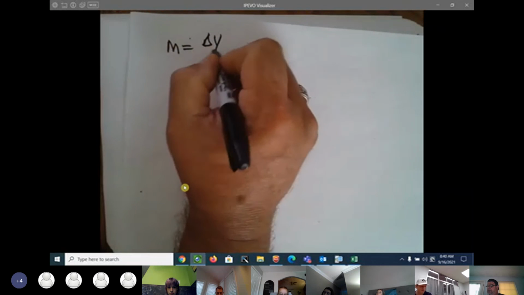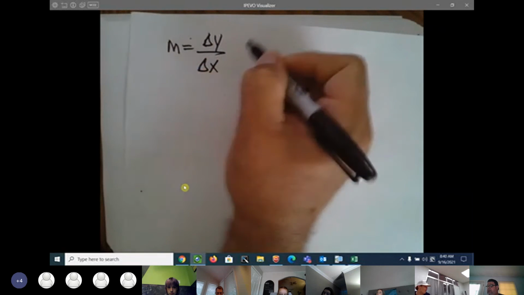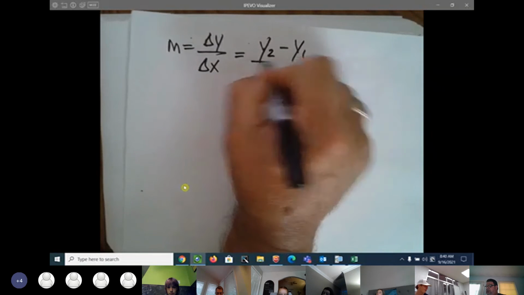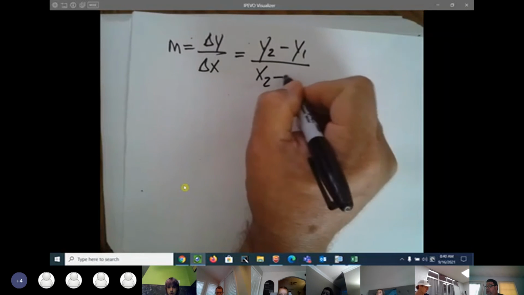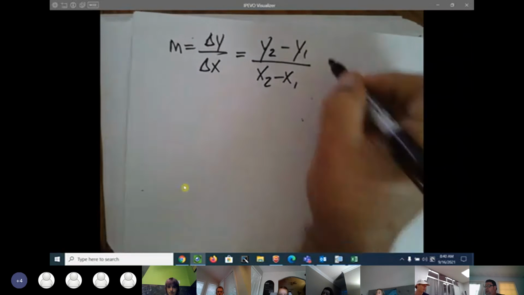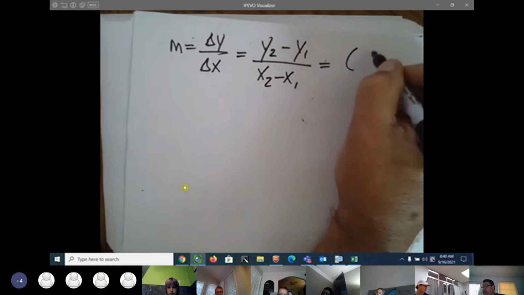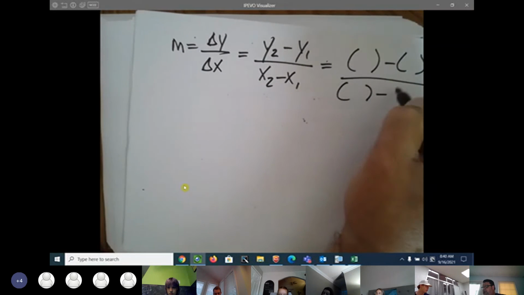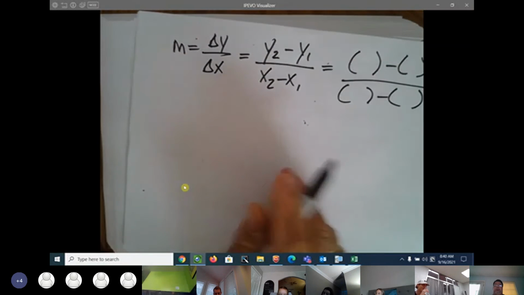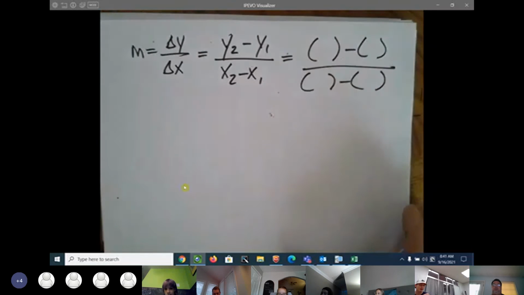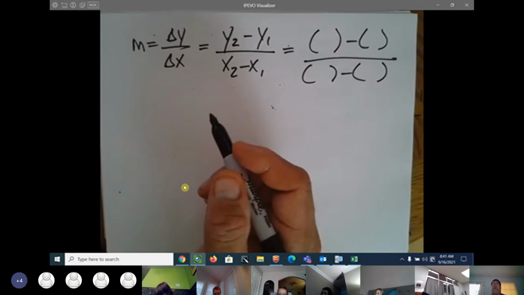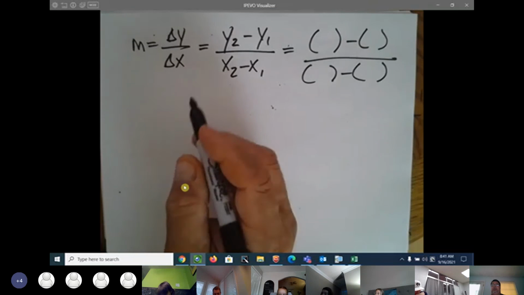Delta y over delta x, which means the change in y over the change in what? X, which means parenthesis minus parenthesis over parenthesis minus parenthesis. Now, some people are too sophisticated to use the parentheses, but they get the problem wrong when I get in. Is everybody listening?